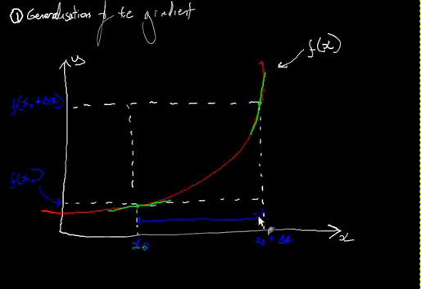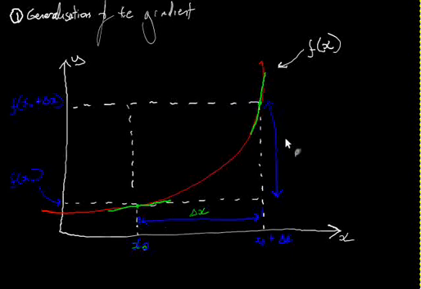Now the height at x0 plus delta x should then be f of x0 plus delta x.